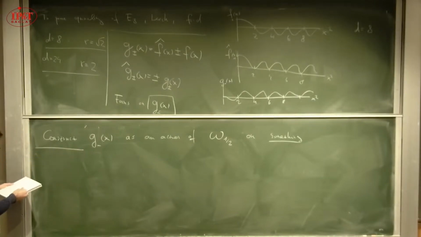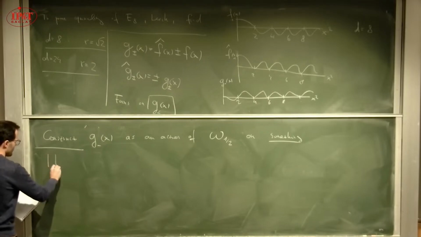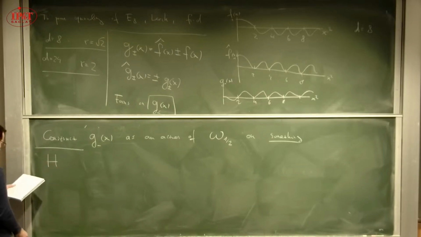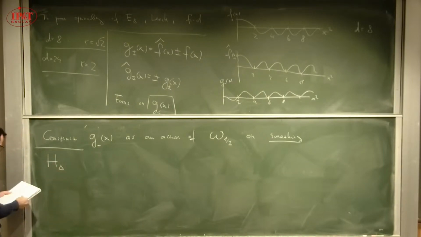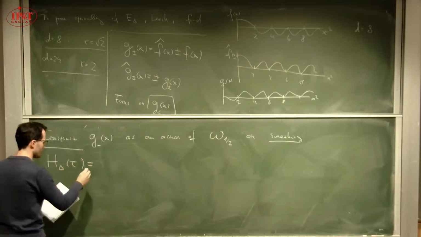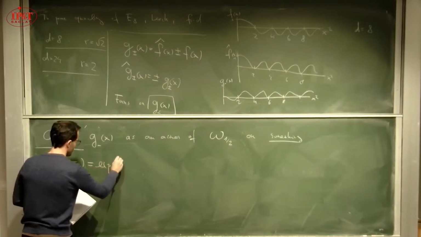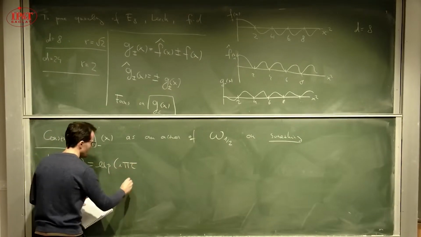Okay, so let's consider a slightly souped up Gaussian. Let's define this block to be just the Gaussian that we had before, e to the I tau delta.